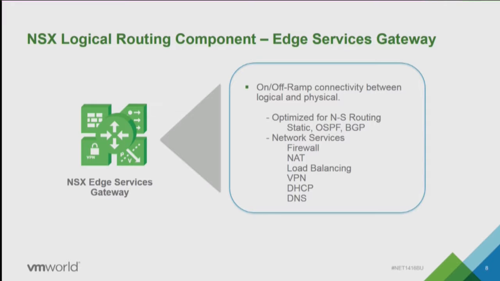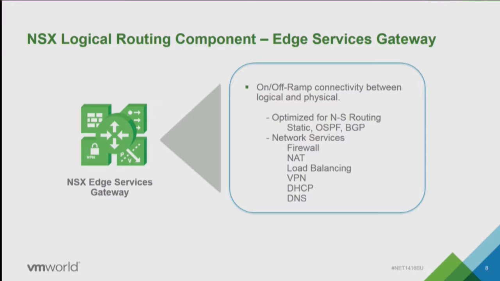For this Edge Service Gateway, the first role is the on-ramp, off-ramp with the physical world. It's basically connecting all your VMs that are in what we call the logical space, connected through an overlay protocol, VXLAN for NSX for vSphere, and bringing connectivity with the external world: your fabric, and of course beyond that, your data centers and internet and all those things.